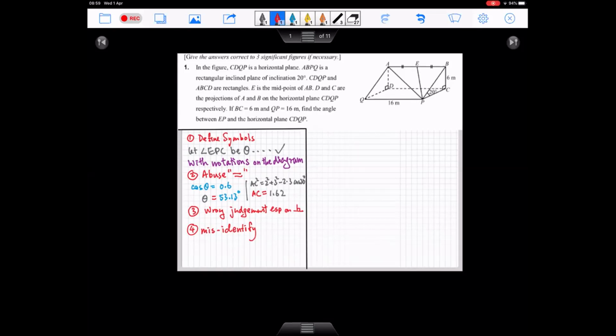Question 1 is about finding the angle between EP and the plane CDQP. Now CDQP is the bottom plane, in fact. CDQP actually is the ground level. So we want to find the angle between the line EP, which will be this red line, and the ground.